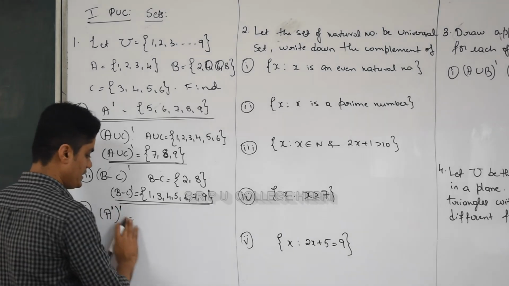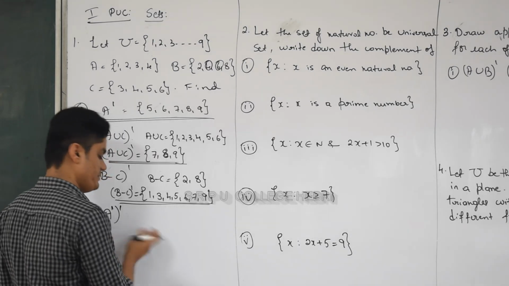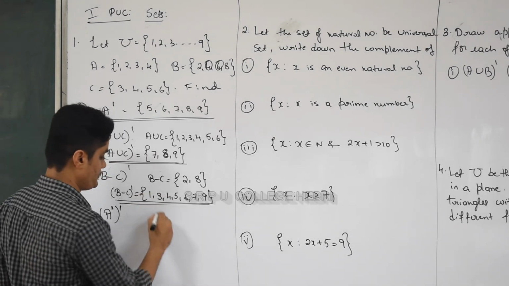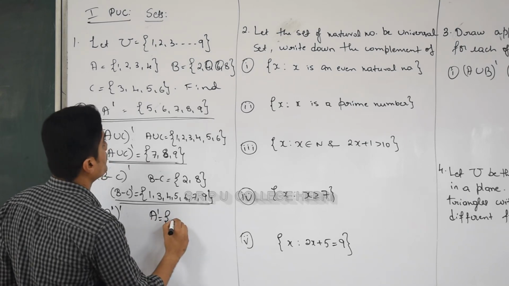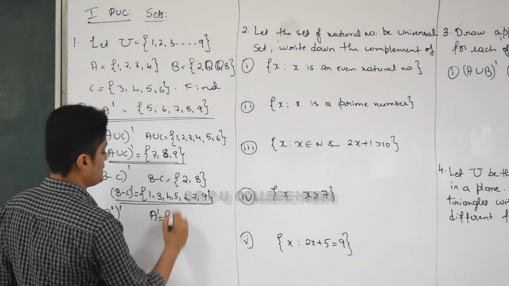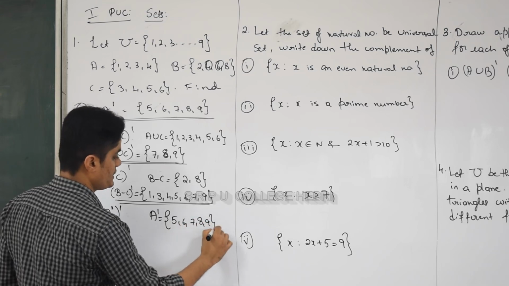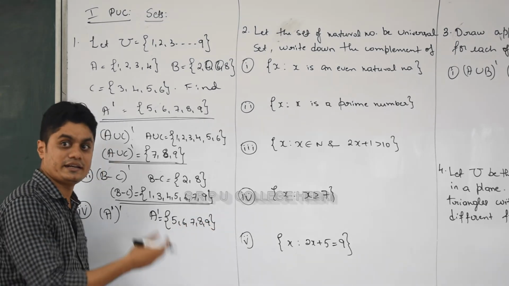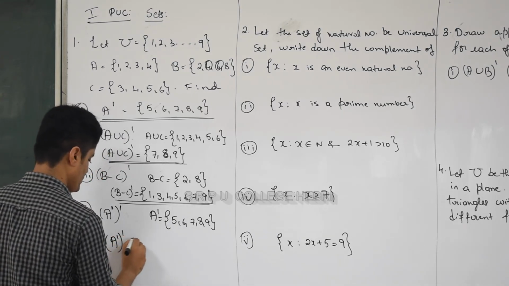Maybe you remember, in the last class I gave the property: the complement of the complement is the set itself. So first find out A complement, which is already done. A complement is 5, 6, 7, 8, 9. Now find the complement of this, that is the complement of the complement.